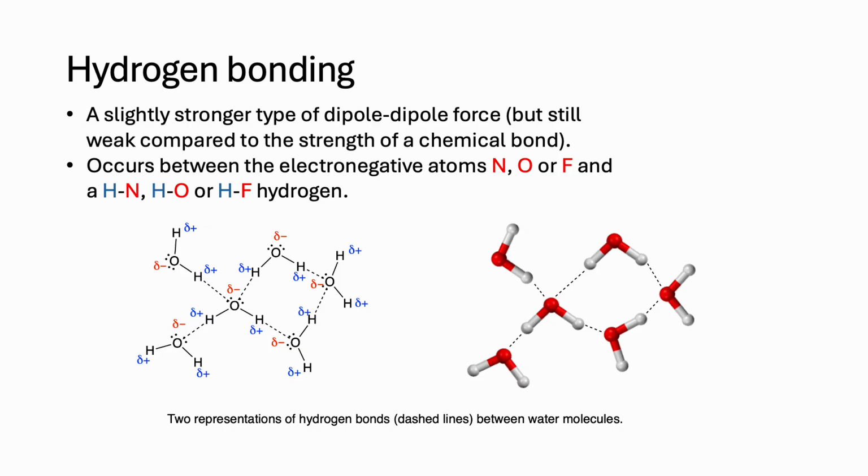In the diagram, the hydrogen bond is represented by a dotted line between the OH of one water molecule and the oxygen of an adjacent water molecule. Note that hydrogen bonding is still weak compared to a covalent bond. The hydrogen bond in water is around 10% of the energy of the OH chemical bond in water.